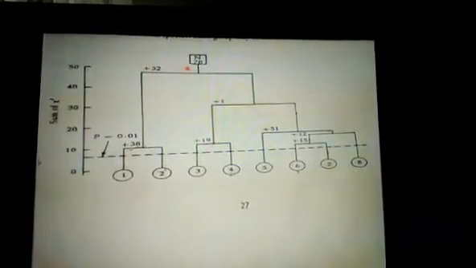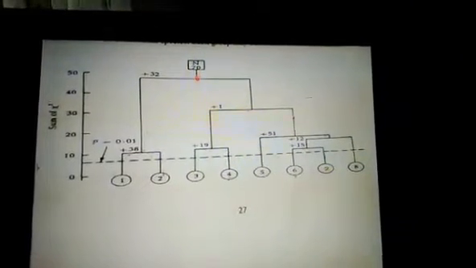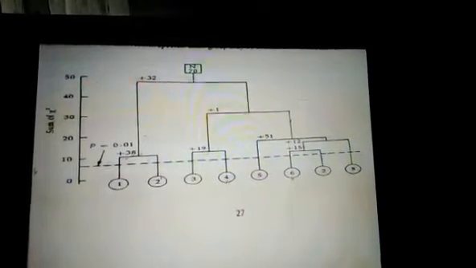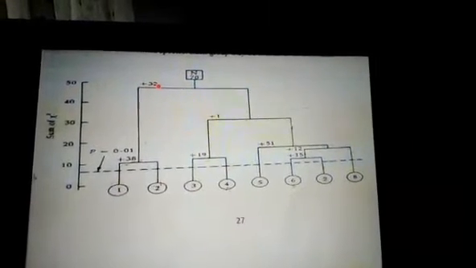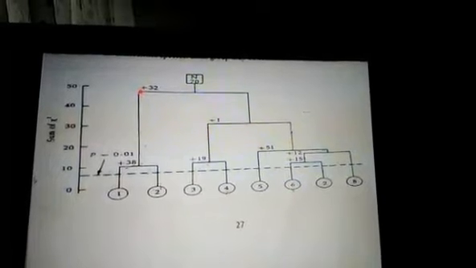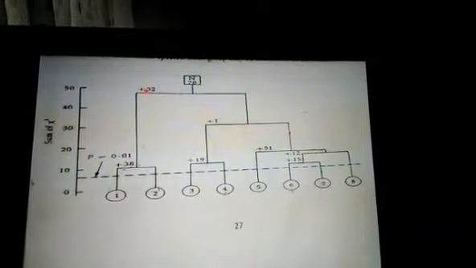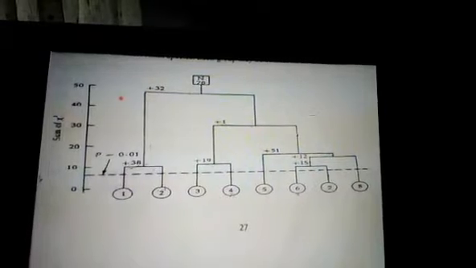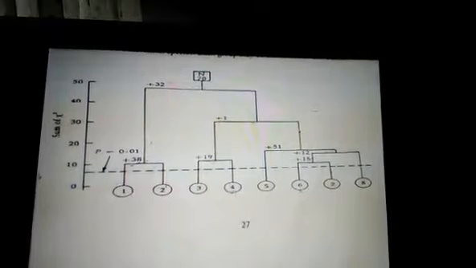So in this case, we have got 70 as the number of species. And then we go there at 48 as the chi-square value. The highest chi-square value was obtained from species number 32. Which means that we are going to avoid going to the right, and move to the left, because at the right we will find other species which do not form an association with this particular species.